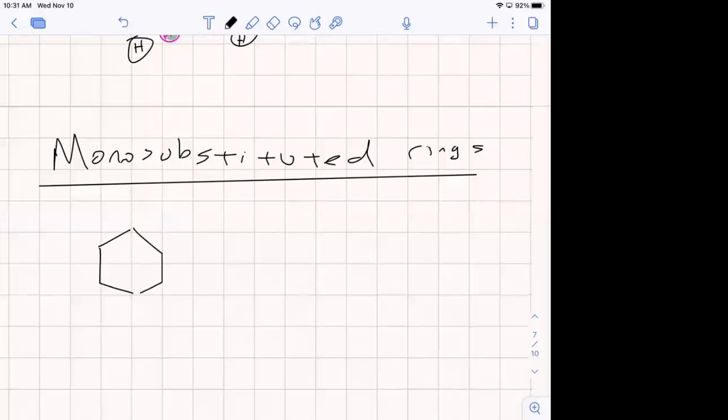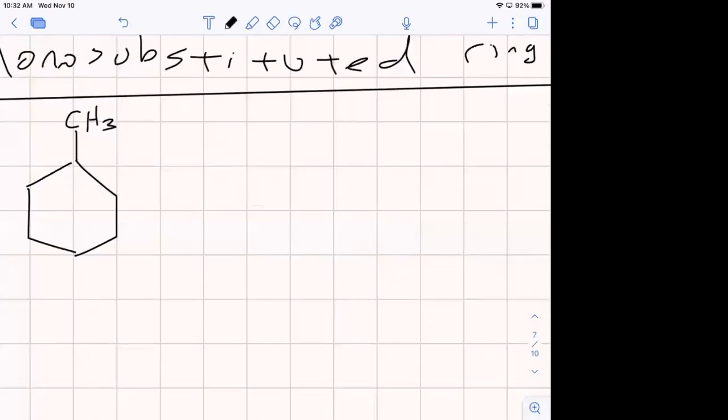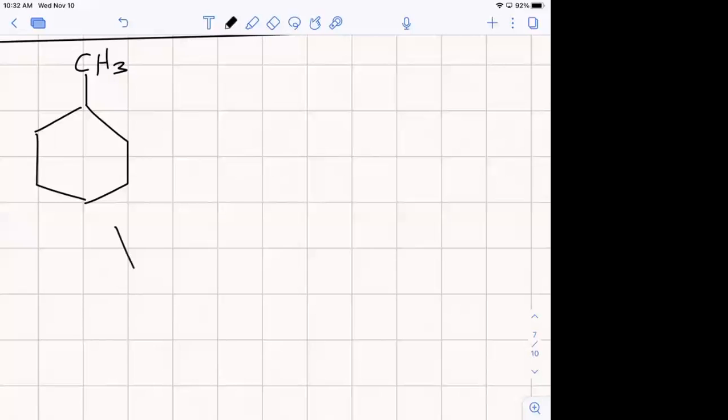So if I have a ring like this, let's start out by just putting a methyl group on the ring. Obviously this ring has two different conformations that it can adopt. It can have a conformation where the methyl group is axial.